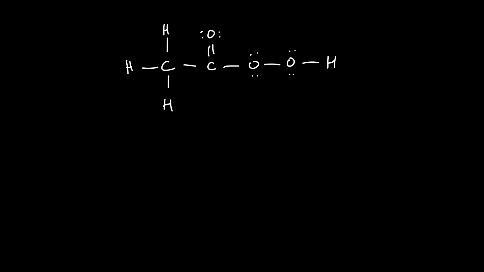Okay, so let's look at a fairly complicated molecule here now. So I'm not even sure if this molecule exists, but I'm going to go ahead and draw out a Lewis structure for it. And actually, I'm pretty sure this molecule actually exists. So here we go. This actually is, I think, peroxyacetic acid, and we might assign oxidation numbers to every atom in this molecule. Now we could start out with the rules.